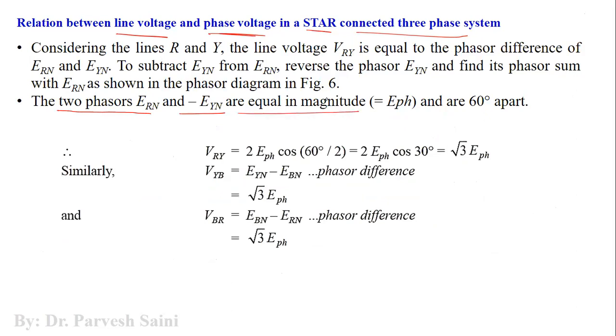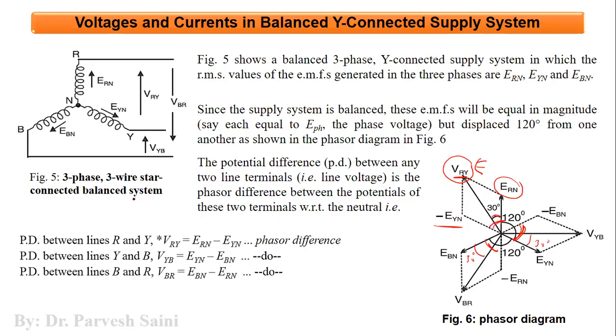Why are they equal in magnitude? Because it is a balanced system. It is a balanced system, and we have already seen what a balanced system is. The balanced system is the one in which all these voltages, the phase voltages, will have the same magnitude, and separately the line voltages will have the same magnitude, right?